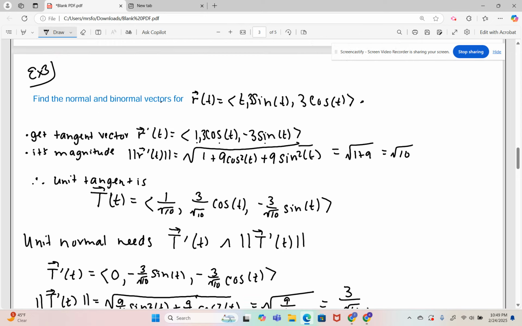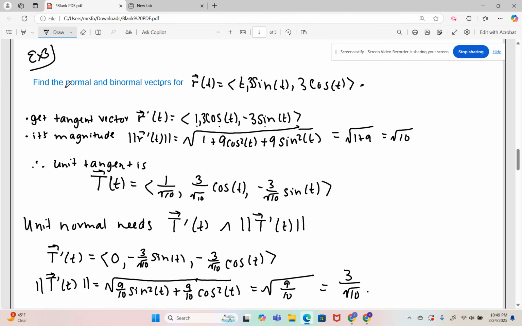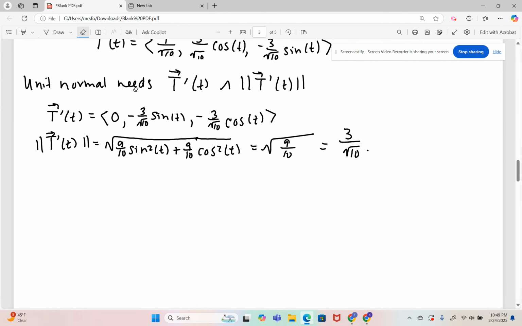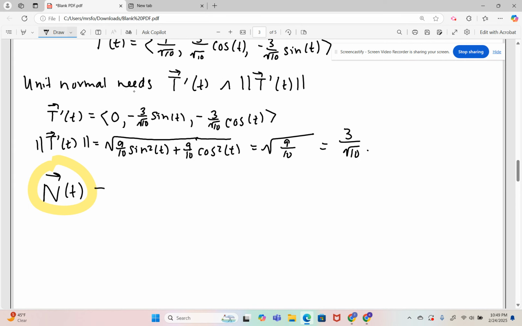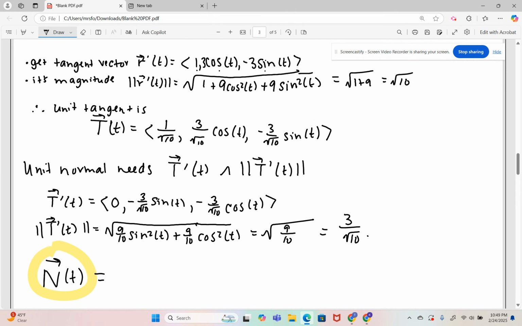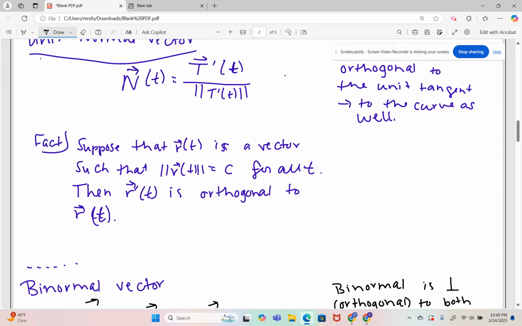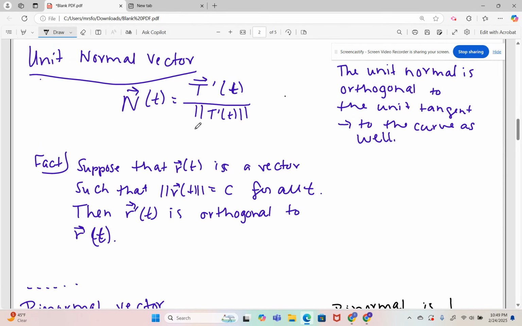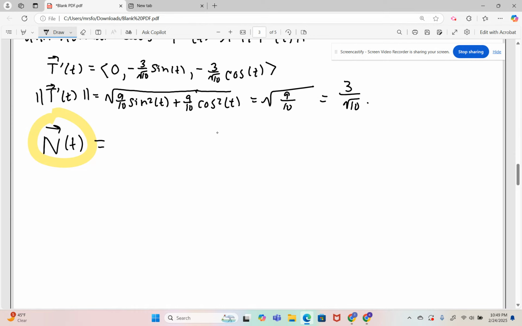So we have all these pieces. And remember, it says find the normal and find the binormal. So the normal, the normal vector, is what we're looking for. The unit normal. So go back and look. That's going to be the derivative over the magnitude. So you would just put each component over the magnitude.